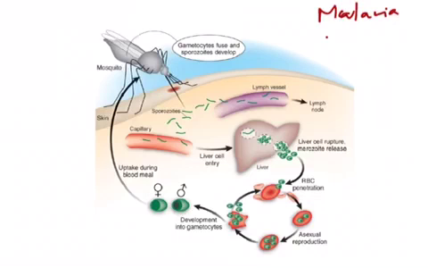So the mosquito is a vector that carries one form of Plasmodium in its body, and then it injects that form of the protozoan into another host animal, say a human being or another animal.